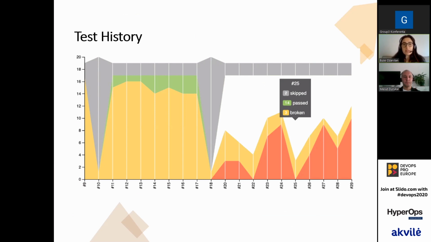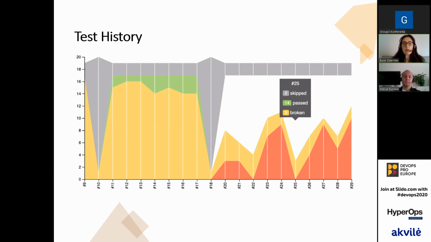We automatically send our test results to those tools at the end of our executions, and then we just utilize the functionalities of those tools. As you see here, many of them are even providing some graphical representations of the test results where you can see the trend in your test results.